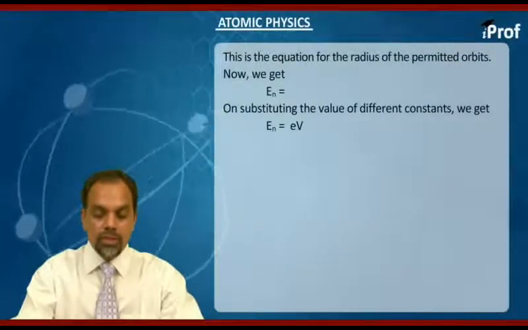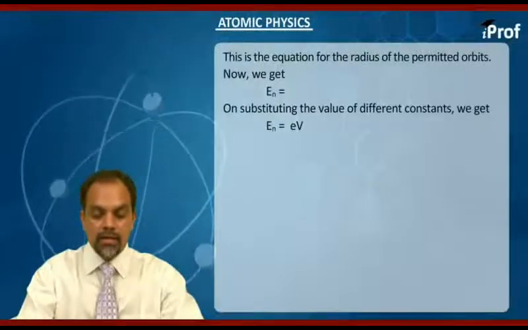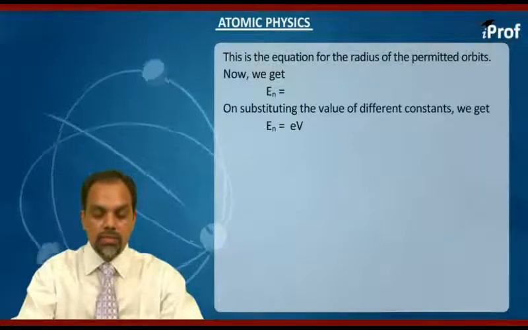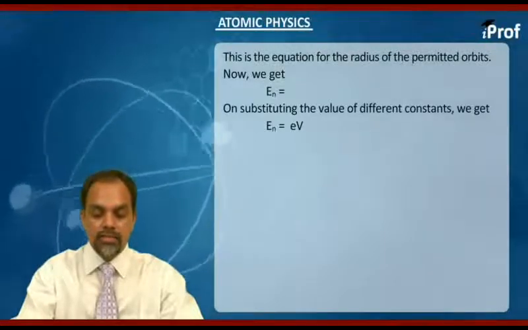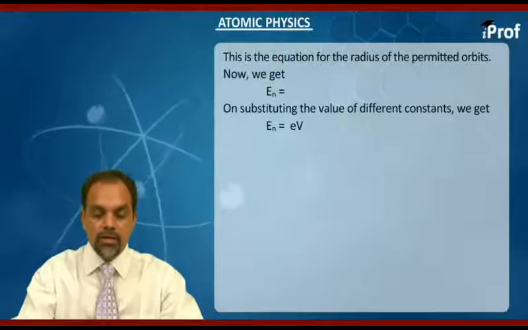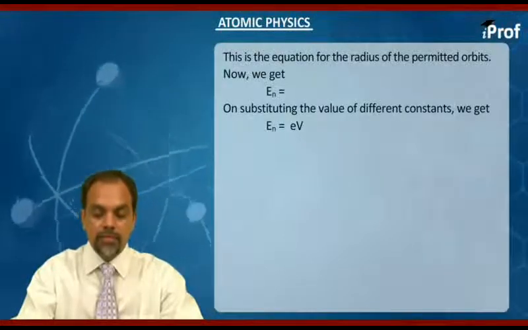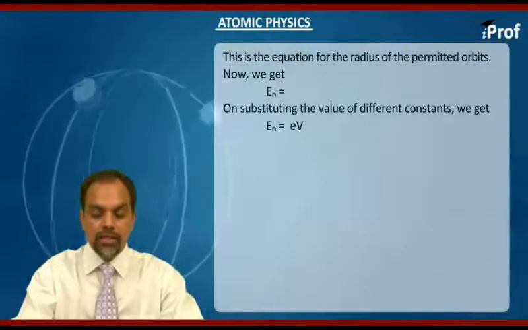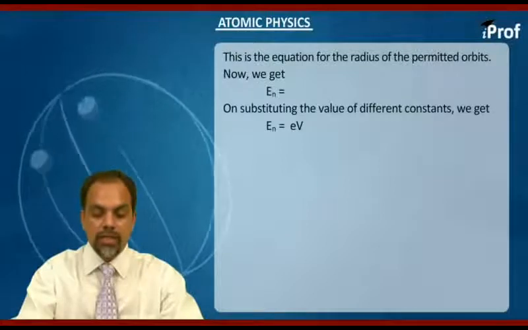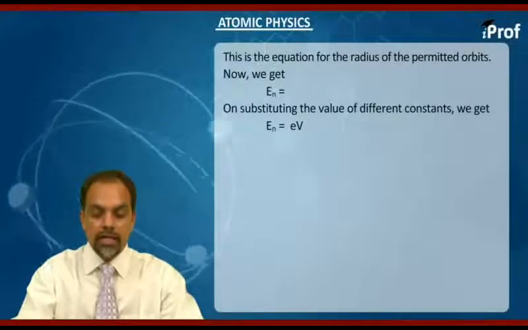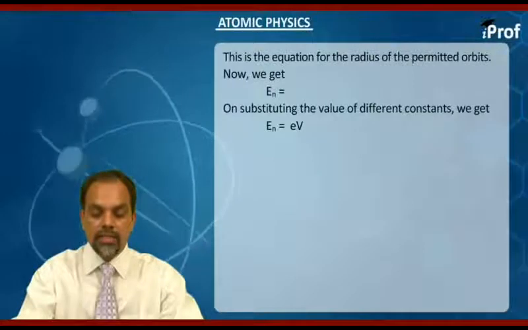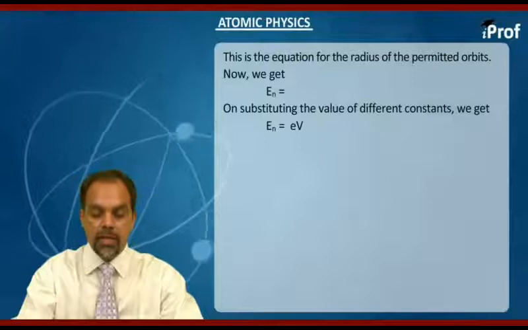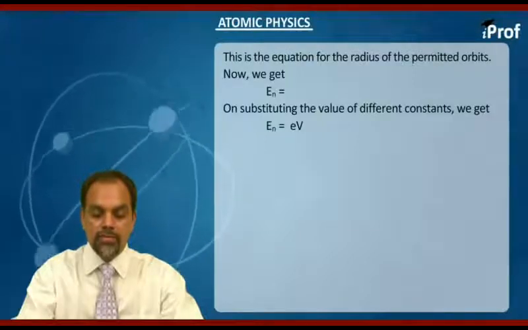Now, using the law of circular orbit and the law of quantization of angular momentum, we find that there are two unknowns in these two equations: one is the velocity and the other is the orbital radius. Now we can make a calculation by eliminating the velocity term in these two equations, and we get the expression for radius, equal to n square h square epsilon naught divided by pi m Z e square.